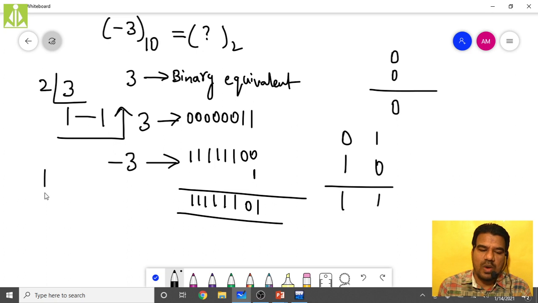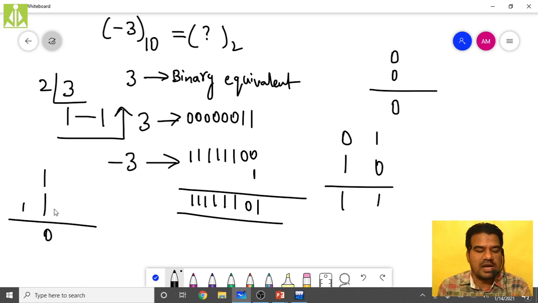If you get 1 1, 1 1 is 1 0. We put carry 1 and we put 0 here. Remember this one, 1 1 is 1 0. We put carry 1 and 0 over here.